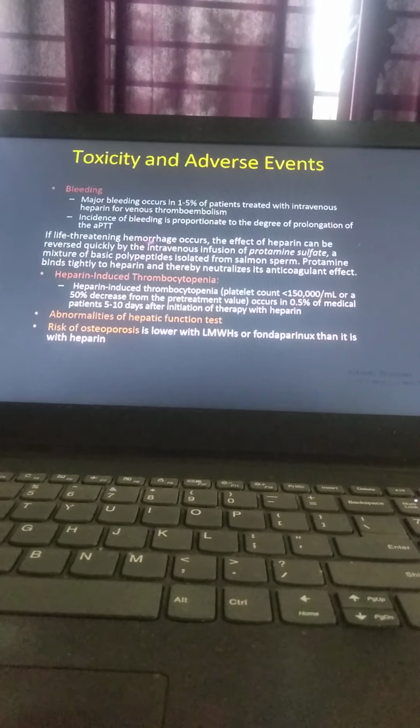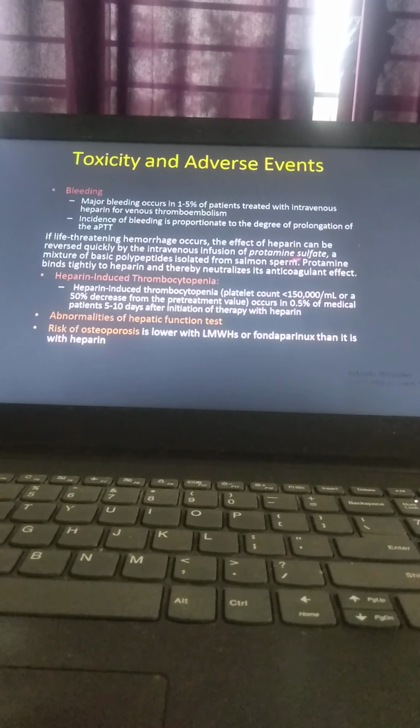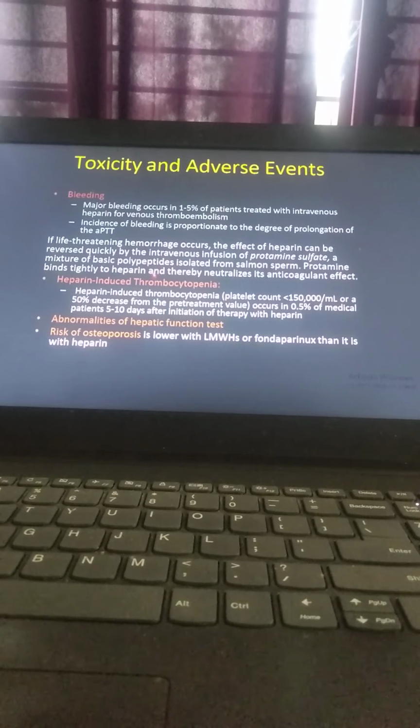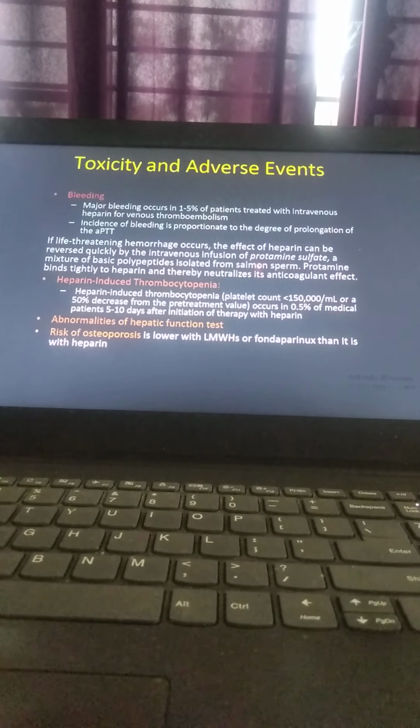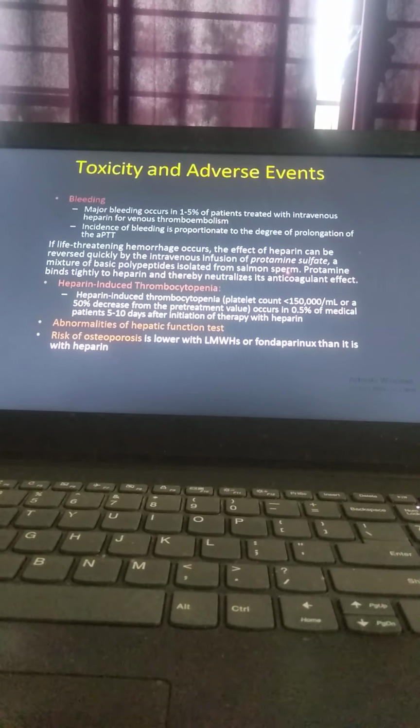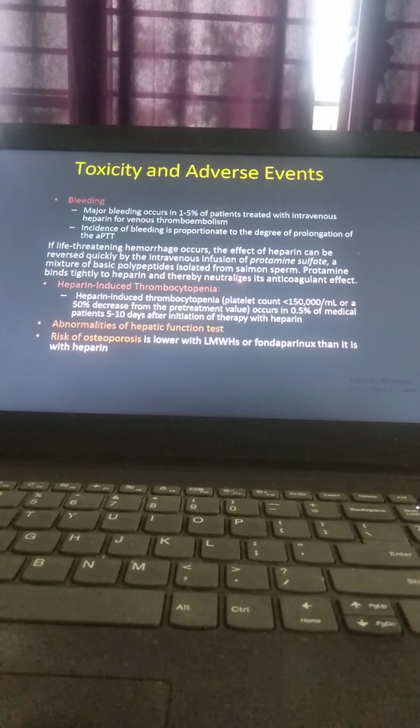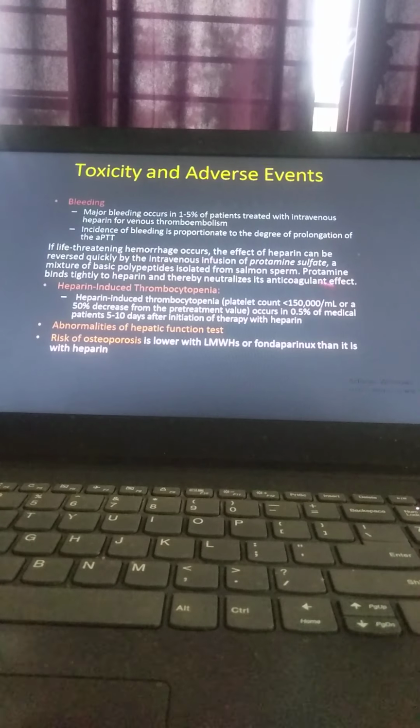If life-threatening hemorrhage occurs, the effect of heparin can be reversed quickly by intravenous infusion of protamine sulfate. So it is antagonistic. A mixture of basic polypeptides isolated from salmon sperm, protamine binds tightly to heparin and thereby neutralizes its anticoagulant effect.